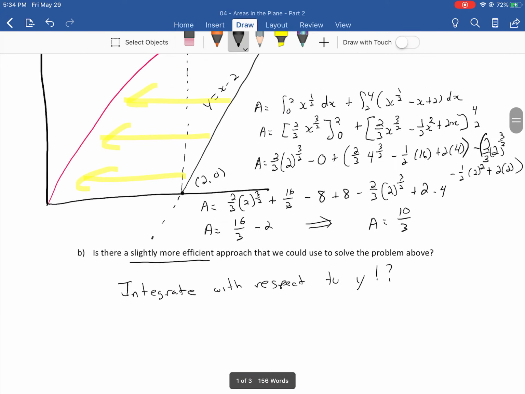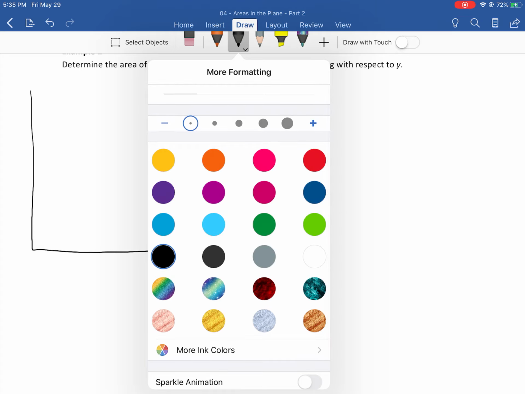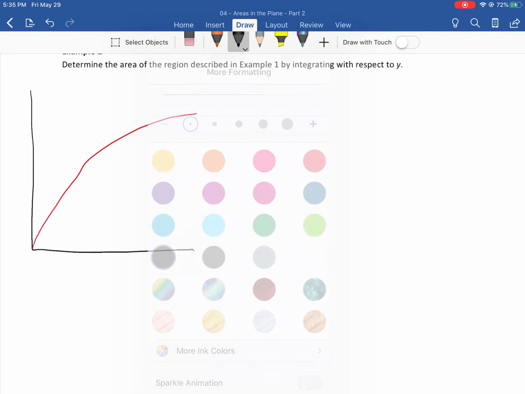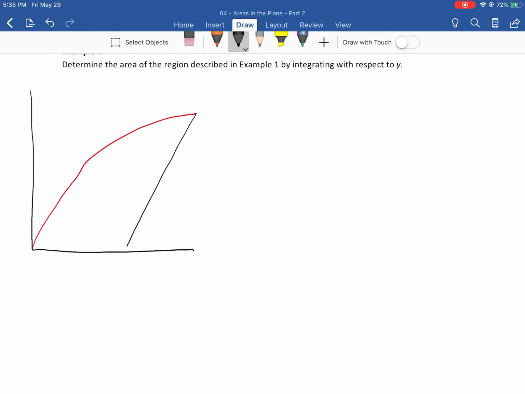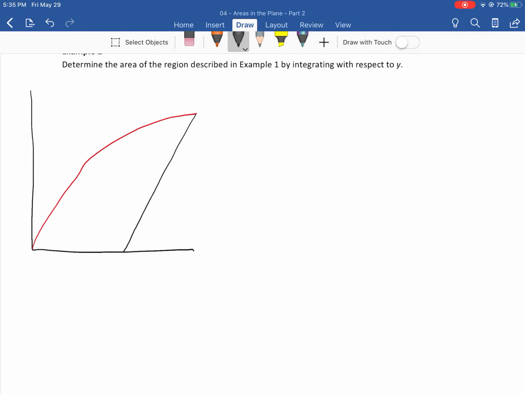So it says, determine the area in region 1 by integrating with respect to y. So I'm going to redraw that picture down here. Here was my picture. Something like that. And something like that. And let me get a few points labeled on here that we're going to use.